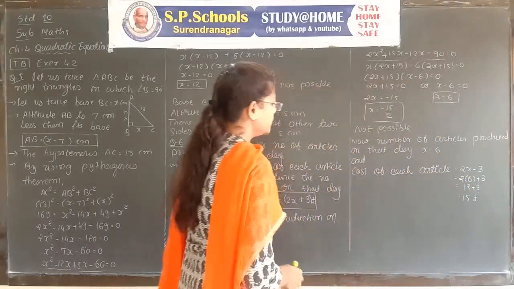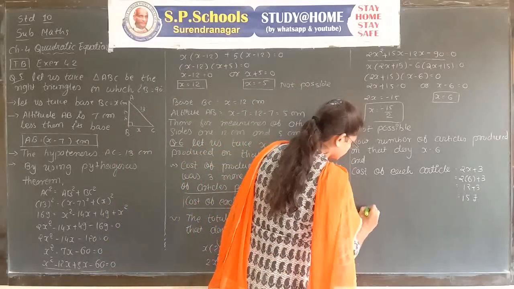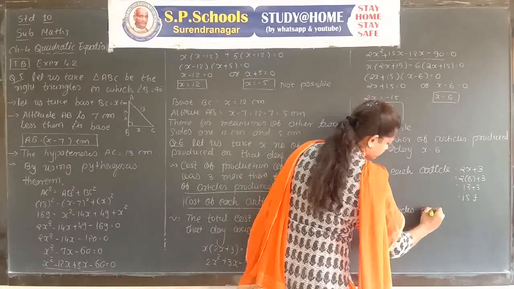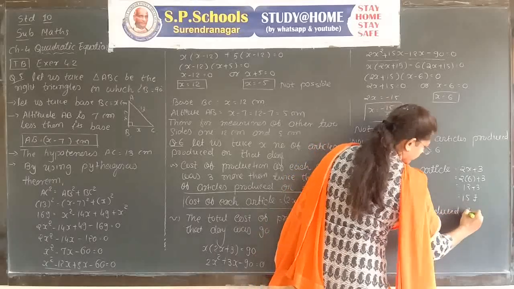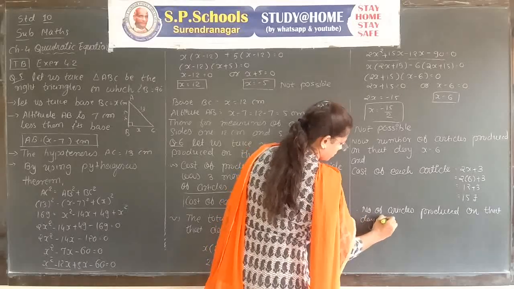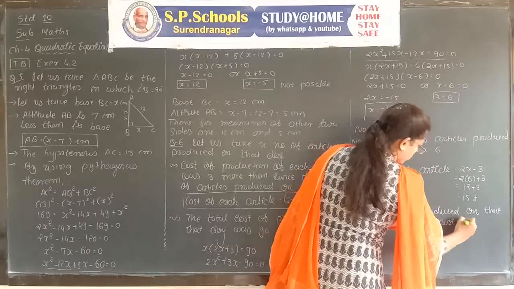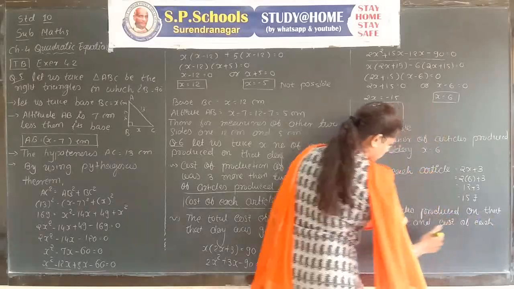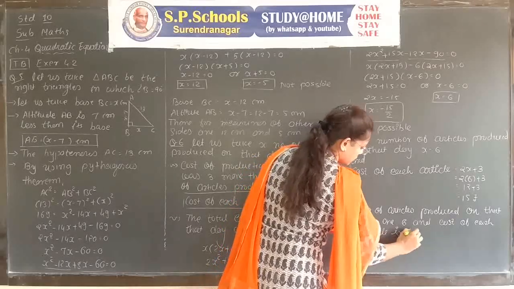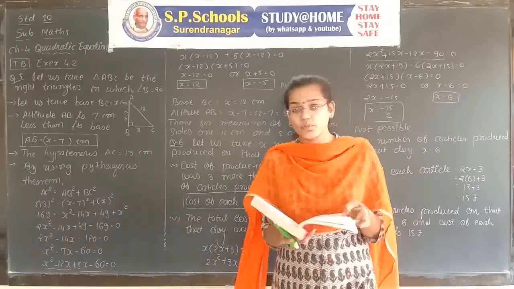The number of articles produced on that day is 6 and the cost of each article is 15 rupees. Hence question 6 from exercise 4.2 is complete.